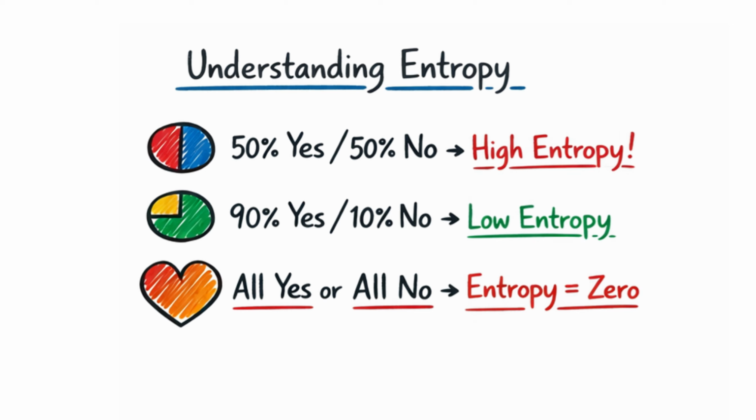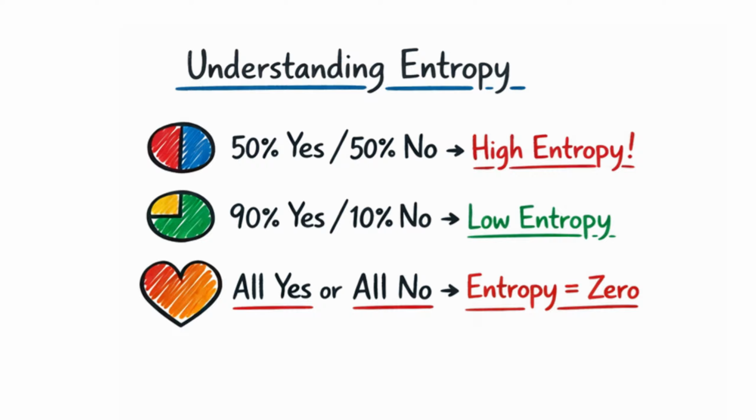And if the group has 90% yes and 10% no, that means it is less mixed, so the entropy will be lower in this case. And if a group has only yes or only no, then entropy becomes zero. So entropy is like randomness in the data. If we only have one option, either yes or no, then the data is completely pure.